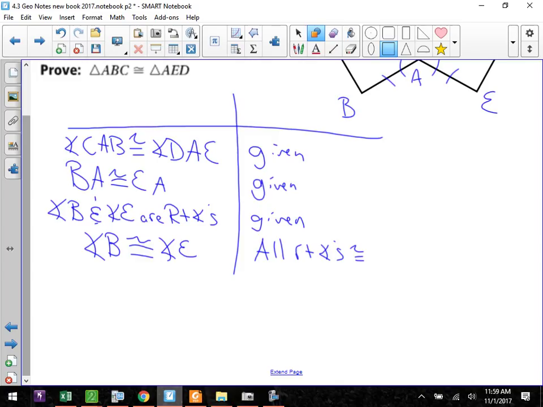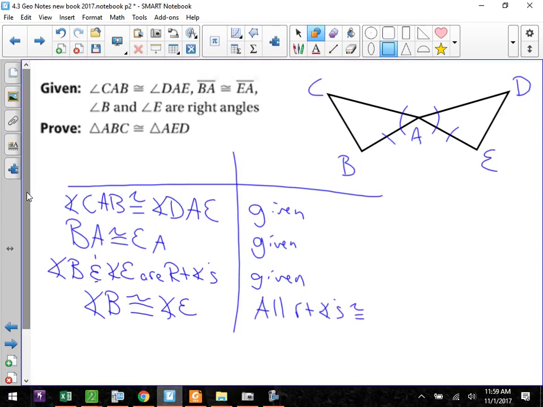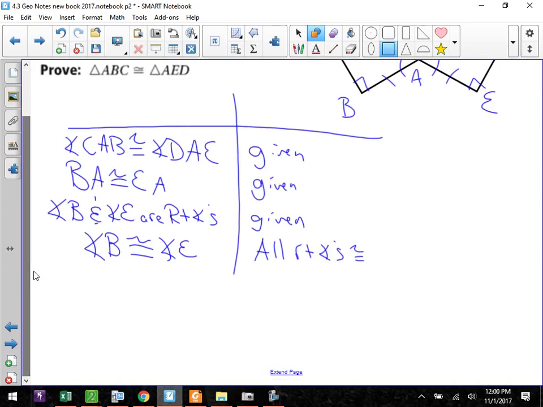So lastly, what should I do to my diagram? Make the little, what do we have? Angle side. Okay. Yeah, very good. We have angle side angle. So you wind up with congruent triangles.